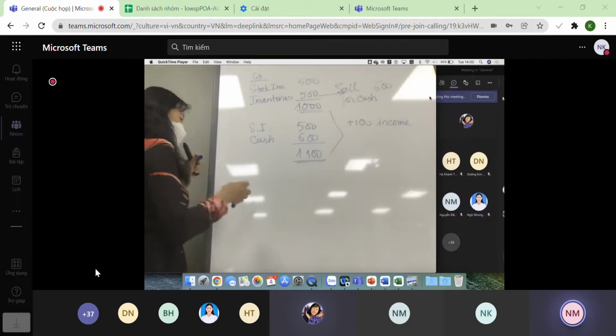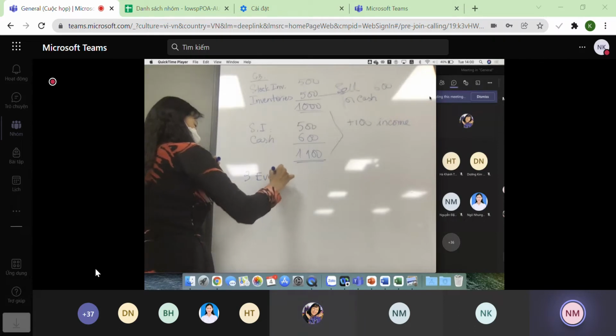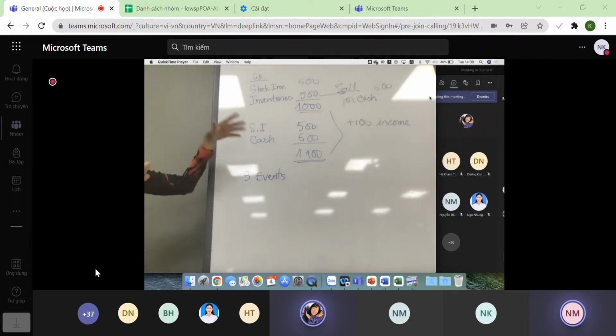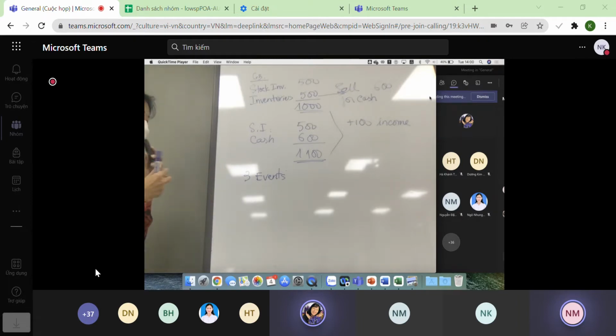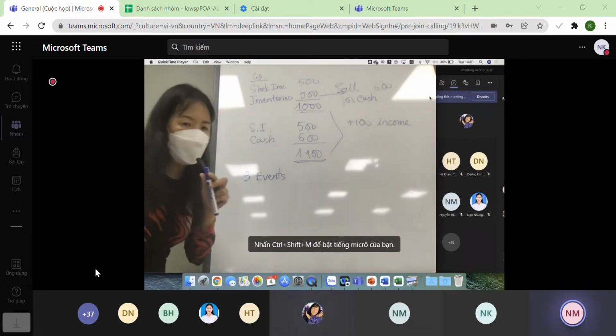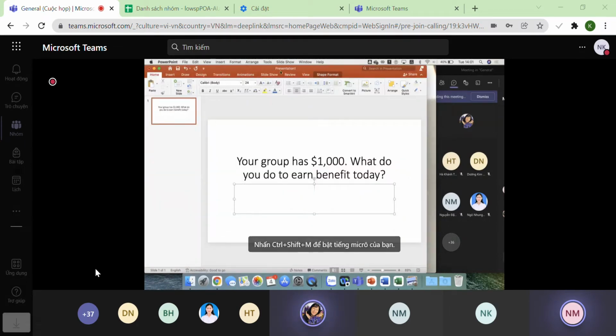After 3 events, group number 3 earns $100 in terms of income. This activity we call business activity, and we have the slide here. Do you have the slide with you now? Our slide.